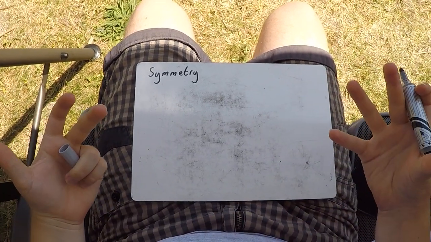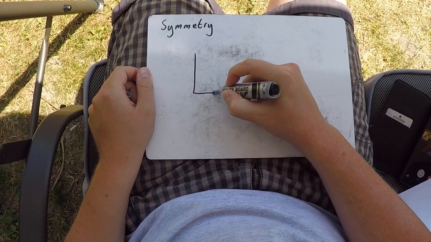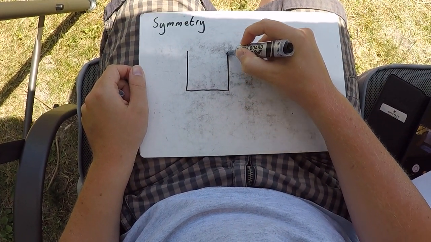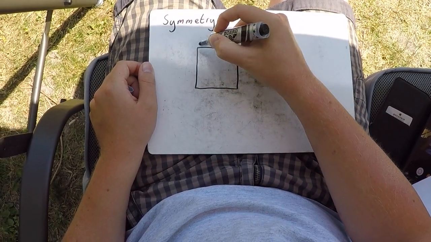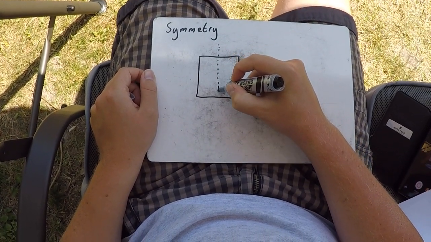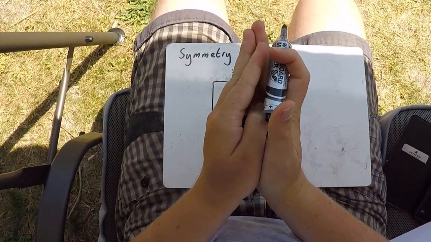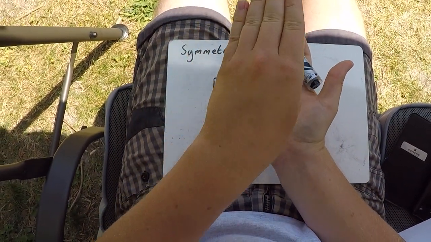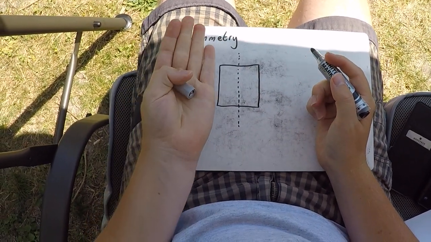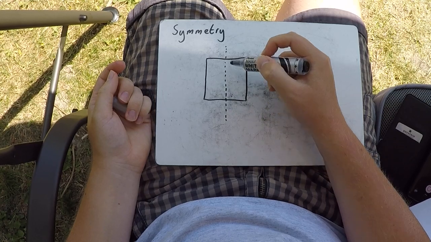What I mean by that is, if I were to take a square, and try and draw my square as accurately as I can, and put a dot down this middle line, and imagine if I were to fold that, it would fold exactly onto the top of the other side. So if I were to fold this side over, it would fill in that space.